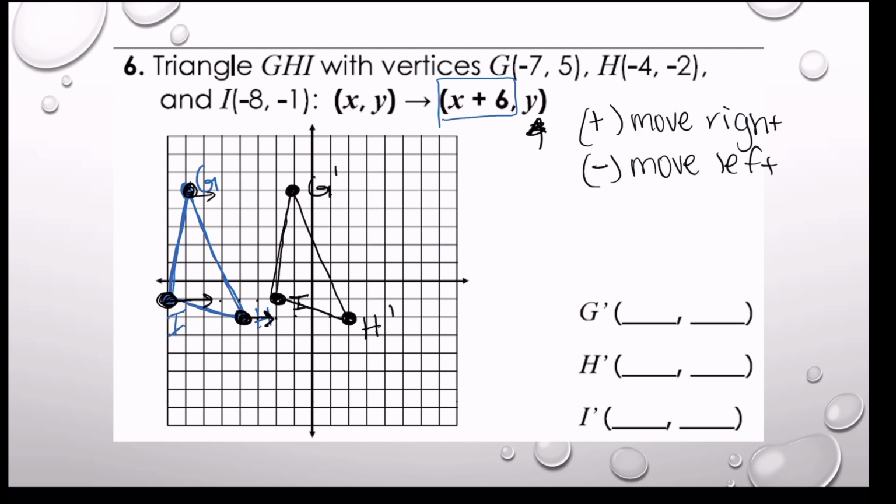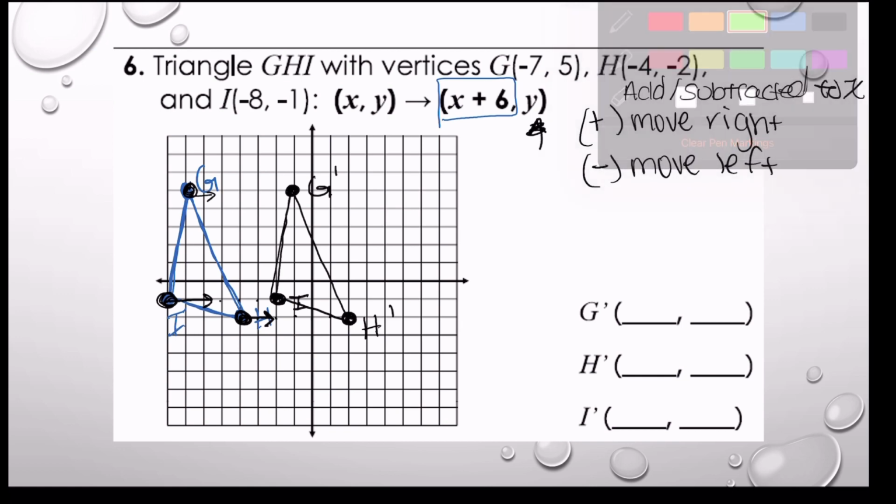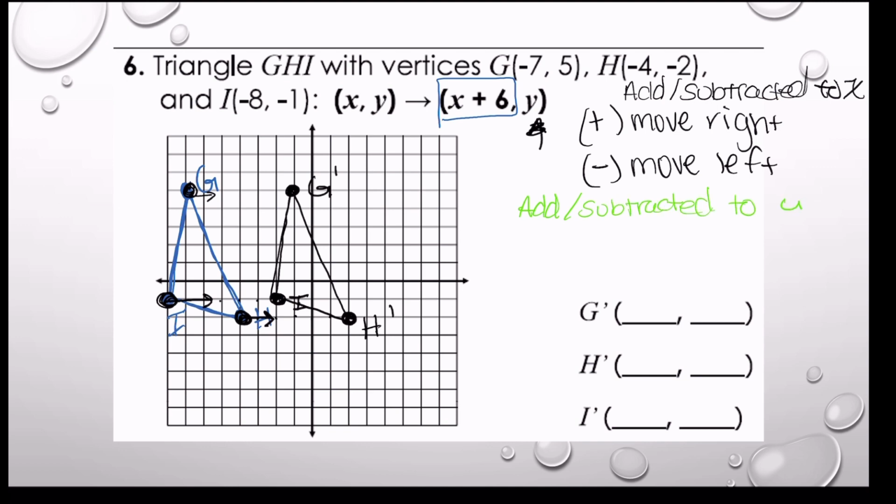Okay, this is when it's being added or subtracted to X. I'm going to shift colors here. When I'm adding or subtracting to Y, the plus means move up, and the minus means move down. Okay?